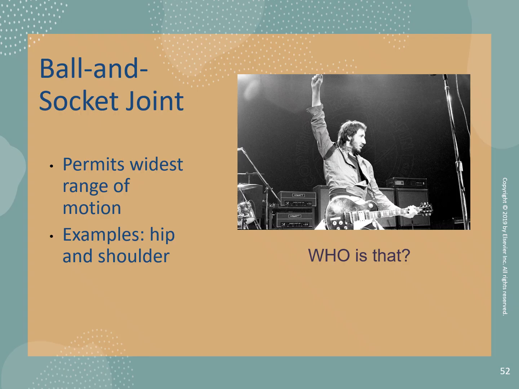Okay, well, Pete Townsend was able to do that because his shoulder is a ball and socket joint. The ball and socket joint basically allows hemispheric motion. You can trace any point on a hemisphere with your arm. You can put your arm in any point on a hemisphere.